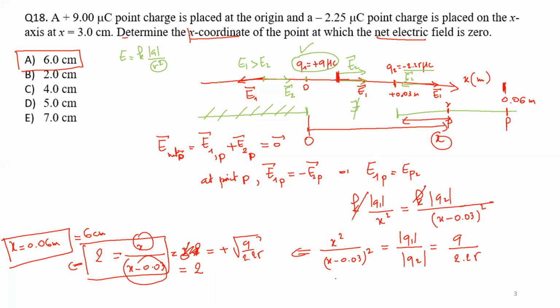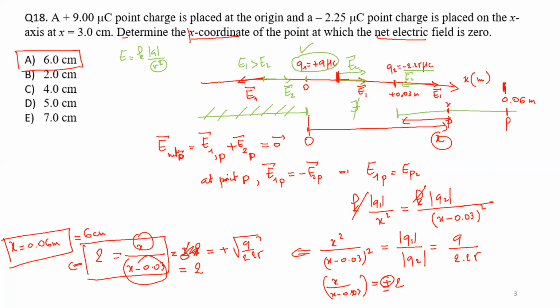So for instance, here, if I said X divided by X minus 0.03 is equal to plus or minus 2, basically plus or minus the square root of this. I took the plus because I know that it should be positive. It should be here.